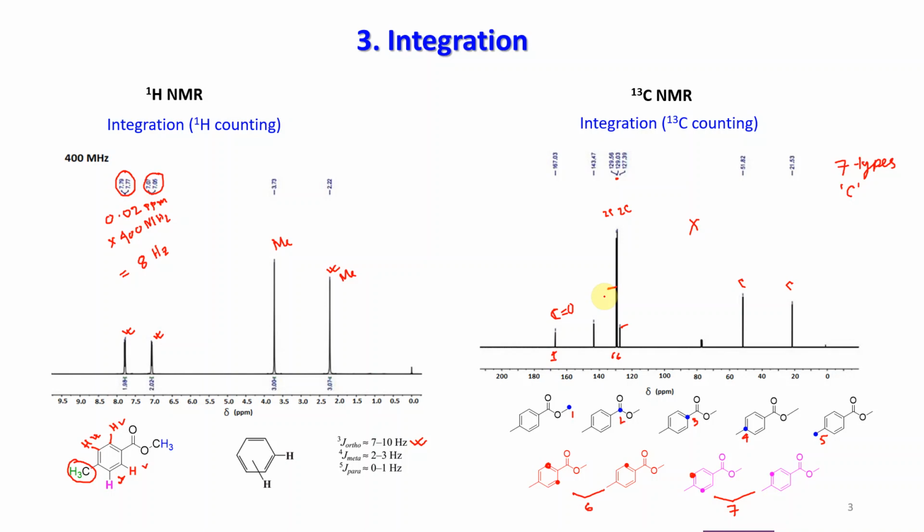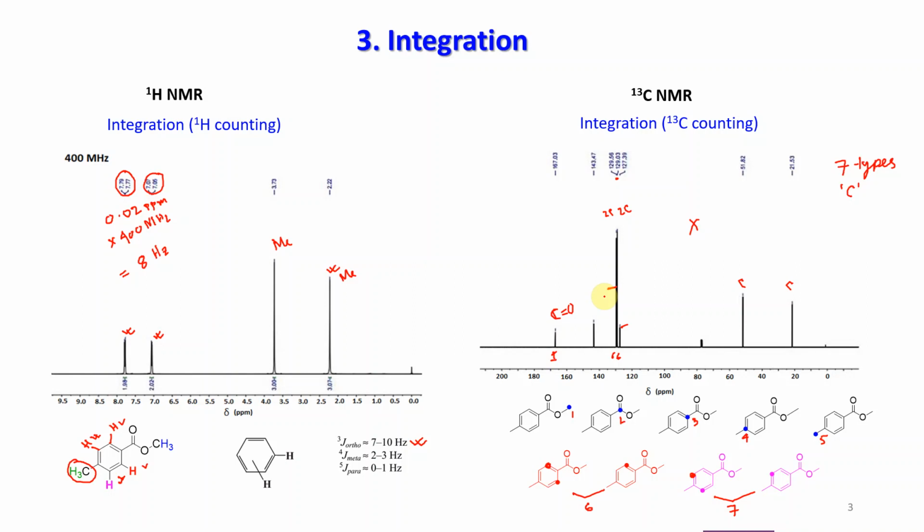Understood? In nature, you may not have the same percentage of individual molecules contributing to the individual peak. They may not have the same population, they may have different populations. So that is one of the reasons.